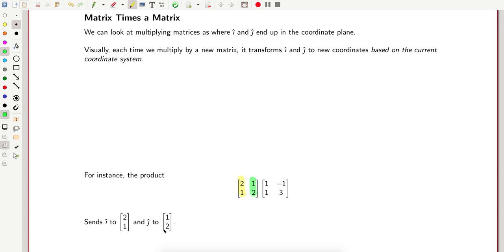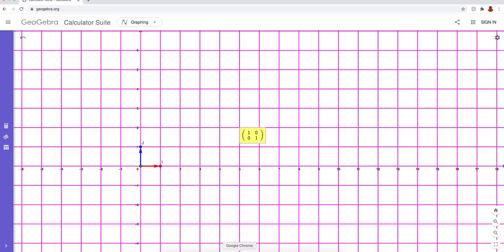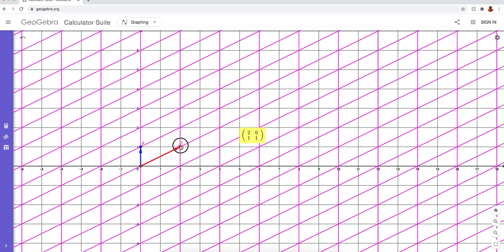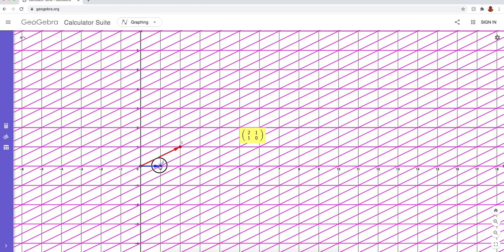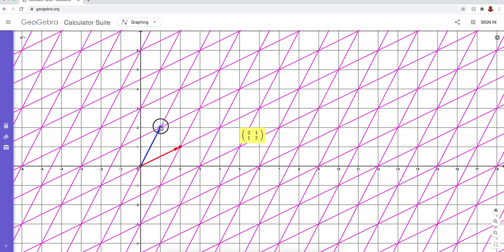So if we take a look at that on GeoGebra, and I'll put the link here as well, i hat is getting sent to 2, 1, and then j hat is getting sent to 1, 2. There we go. And there's our matrix.